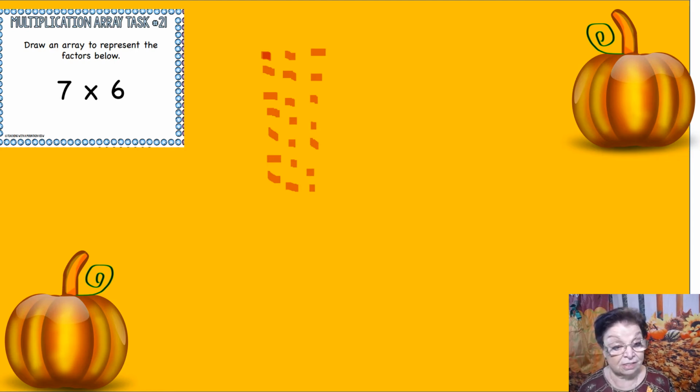We're going to draw 6 columns. 4, I think I said 7, sorry. There's 4 columns. Here come 5 columns. And 6 columns.